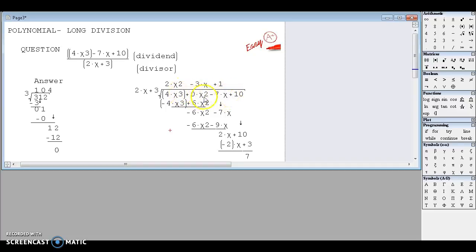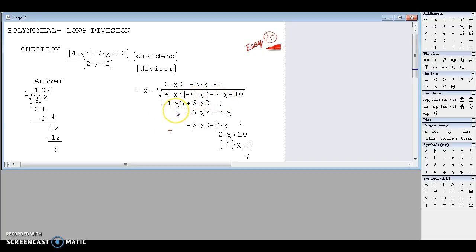You have to follow that specific order at all times. So if you have a question and the 0x squared is missing, you can insert that term by putting a plus 0 or a minus 0. It doesn't really matter because 0 is neutral. 0 can be negative, 0 can be positive, it's still 0. But I choose to use a plus to make it more friendly, because I don't like negatives.